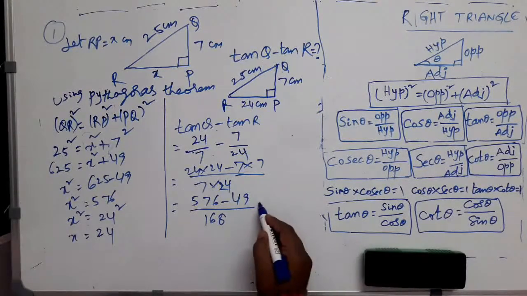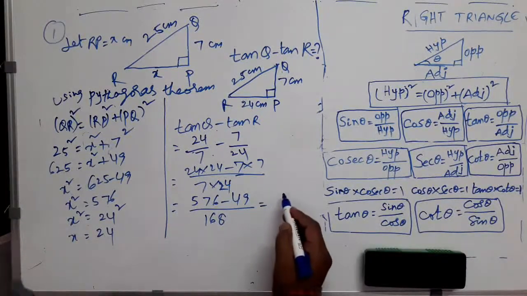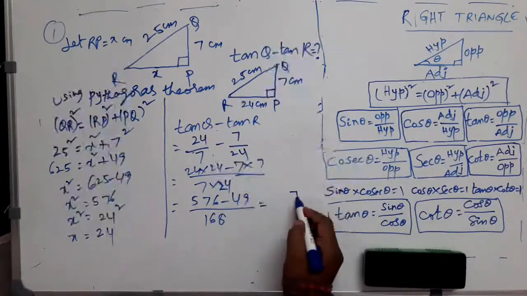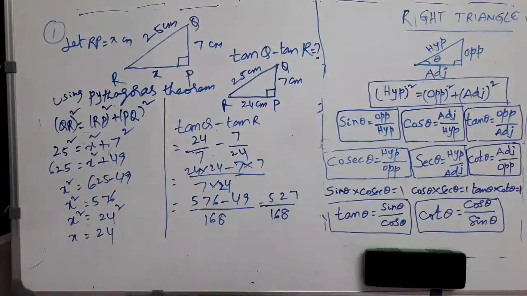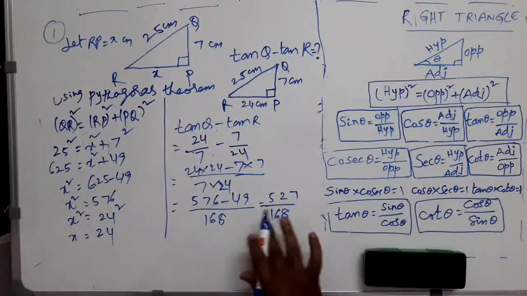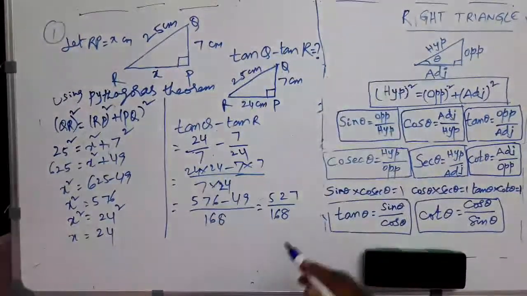So what is this? How much? 527 divided by 168. That's all. This is your answer. Can you simplify further? No? So leave it like that. So your answer is 527 divided by 168. That is the value of tan Q minus tan R.